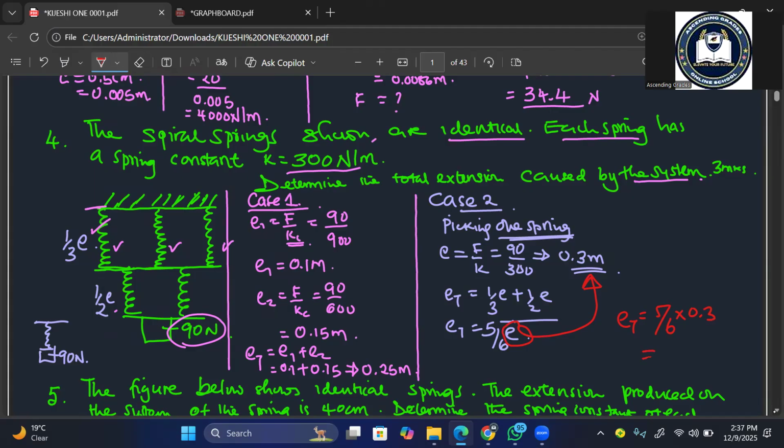And we are going to get 0.25 meters. This is a confirmation of the first answer that we had got. So we have those two methods. You single out to have one spring, or you work all of them as a unit.